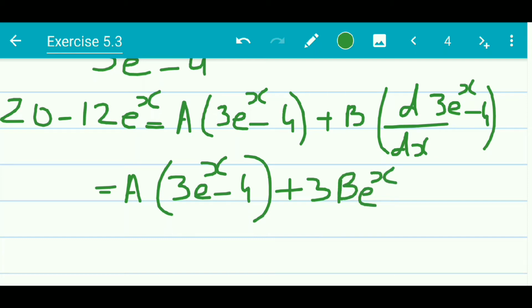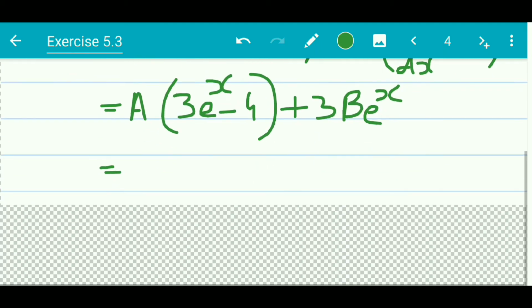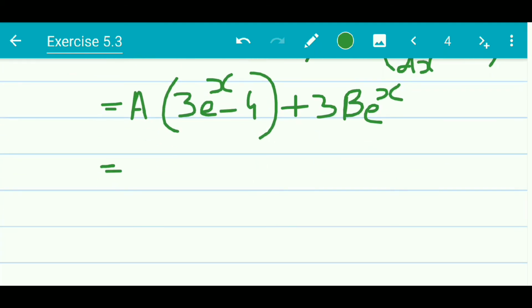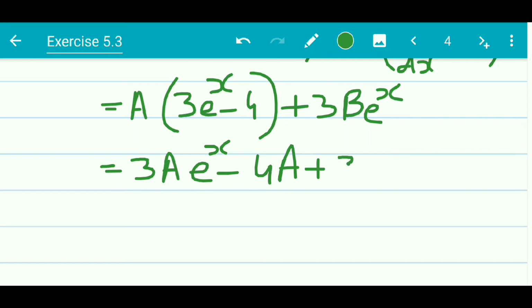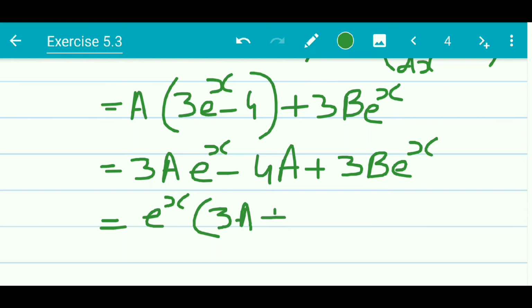Now we open the bracket for the first term of the RHS, and thus we get 3a e raised to x minus 4a, and the second term we keep it as it is. Now we take the e raised to x terms common, and thus we get in the bracket 3a plus 3b, and minus 4a is written as it is.